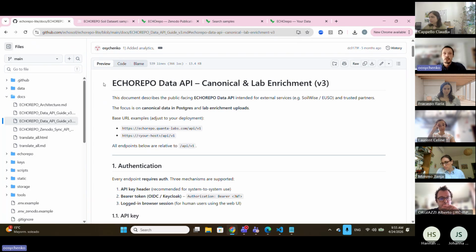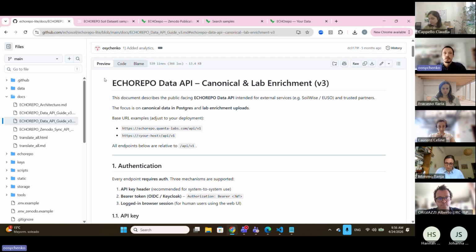Here, the ways of machine-to-machine interaction with ECHOREPO are explained step by step. The only thing needed for this to work is the API key, which is provided on a personal basis by us. And this is already working.